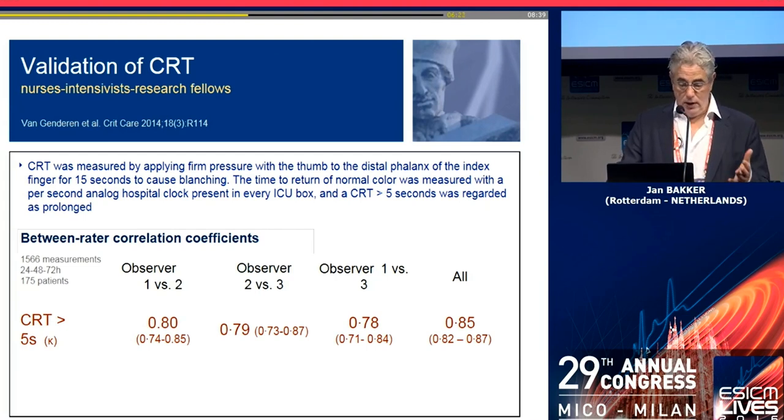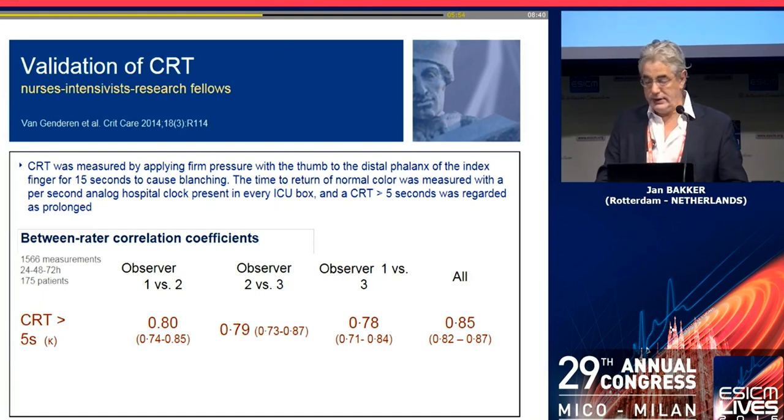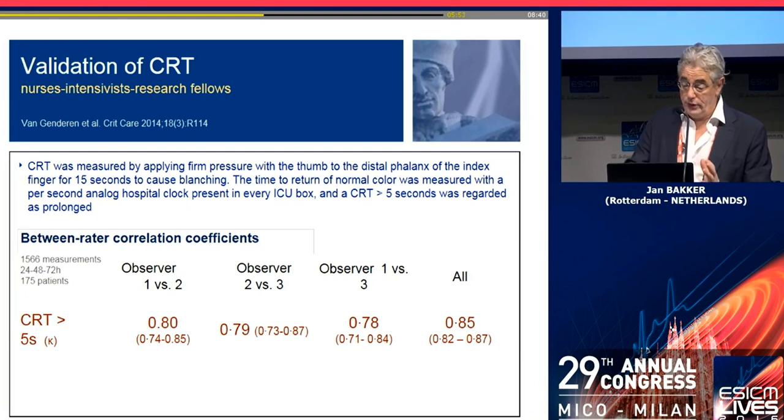And if you then look at the kappa between these three groups, and we use 5 seconds for the nurses and the intensivists, because every room in the ICU in Erasmus has a clock, and it's very easy to see 5 seconds. It's somewhat more difficult to see 4, but 5 is a very distinct, let's say, distance on the clock, and so we use 5 seconds.